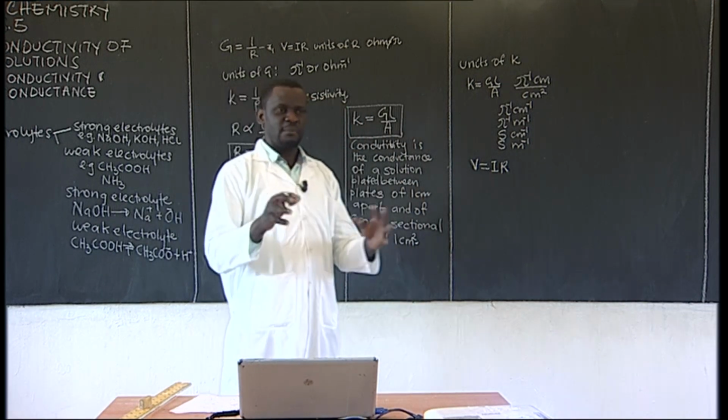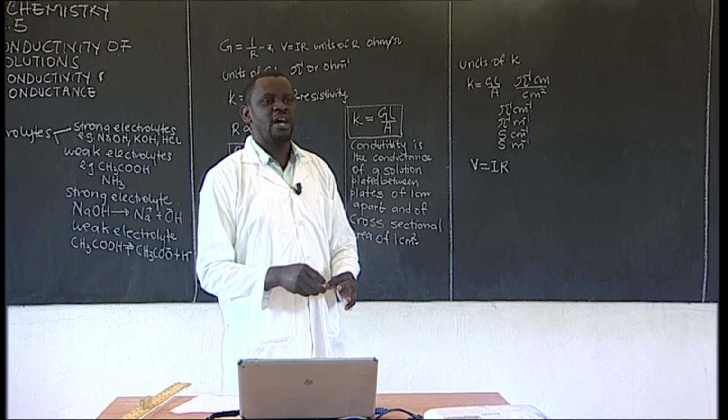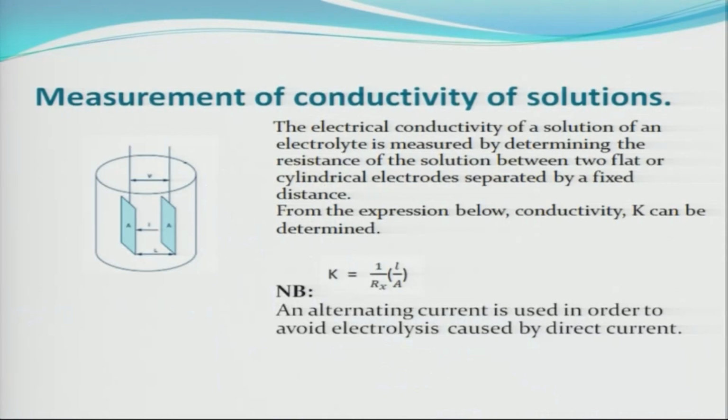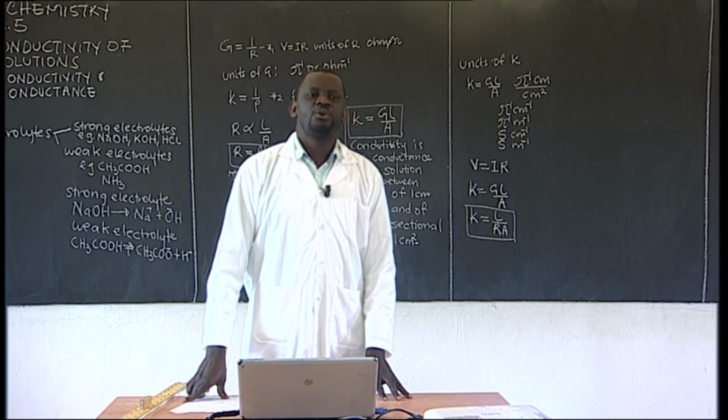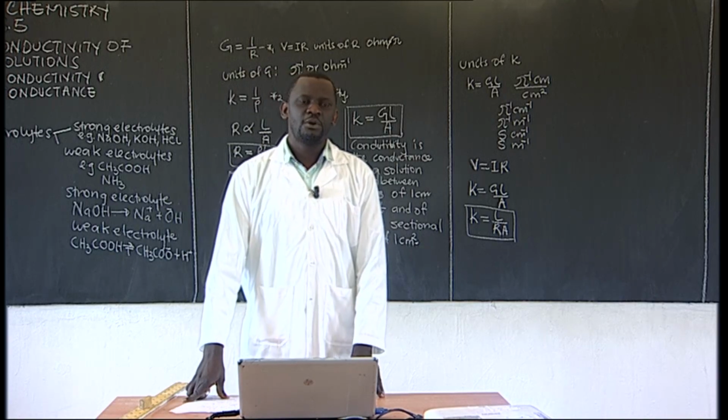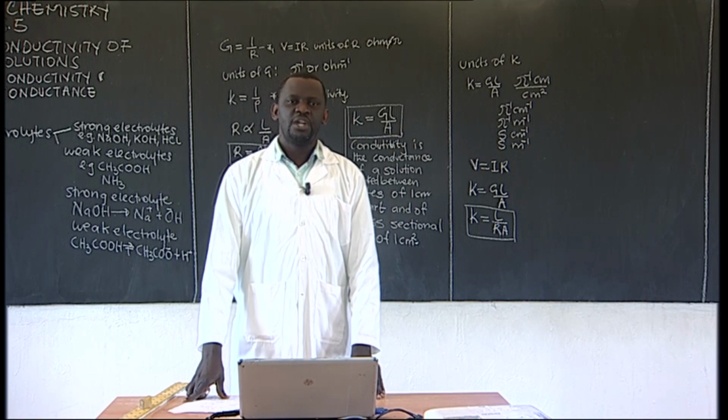The cross-section area and the distance between the plates are known. Then conductivity equals G times L over A. But G is the reciprocal of resistance, so conductivity equals L over R times A. After calculating your resistance, you can easily get your conductivity. We always encourage using alternating current, because direct current normally causes electrolysis.